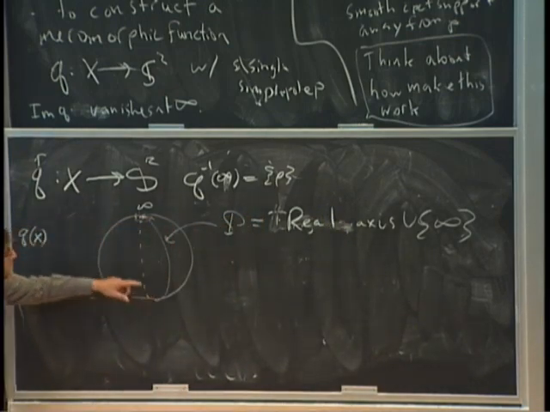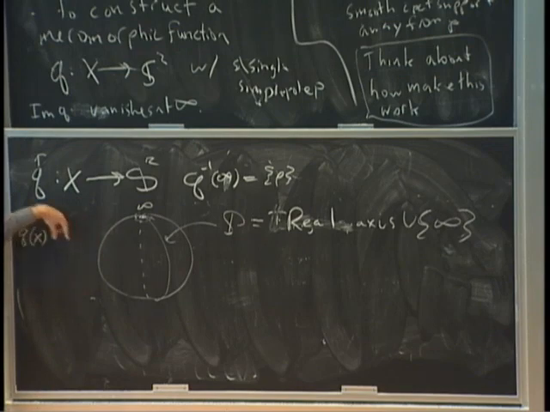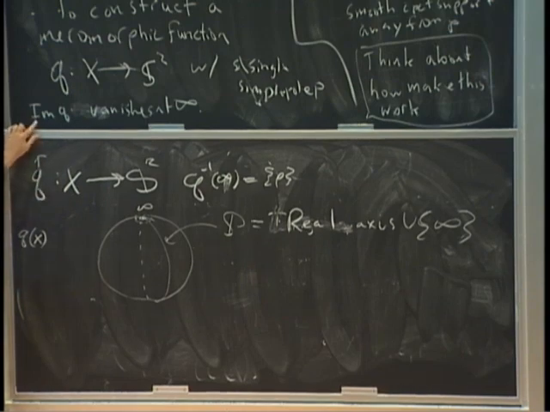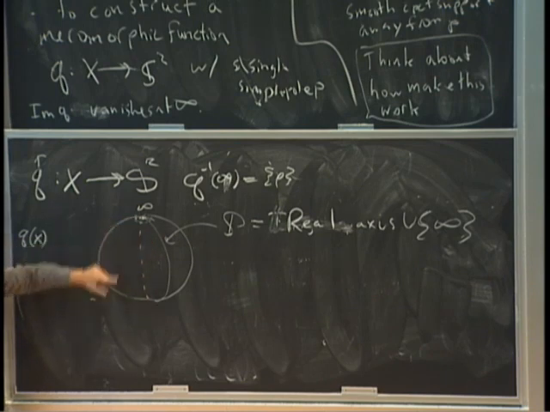This is the points where the imaginary part component is 0. So as we go to infinity in X, the assumption that the imaginary part vanishes at infinity means that we have to go towards this real axis. But we don't have to go through every point. We just have to go somewhere on the axis, or possibly even to infinity.